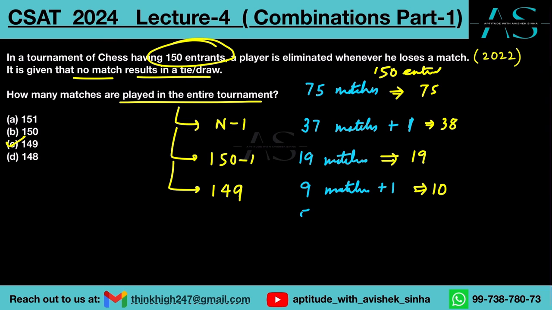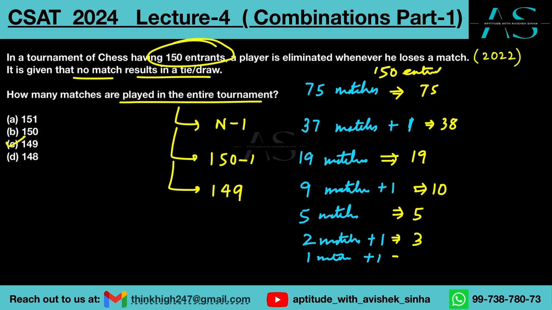10 players, we have got 5 matches. So 5 players went to the next round. Now, out of these 5, again we can have 2 matches, 1 is carried. So we have got 3 players now. From 3 players, again 1 match is being played and 1 is carried.